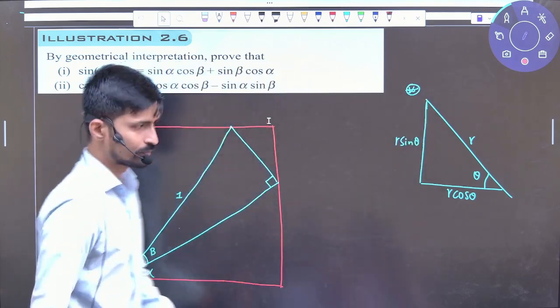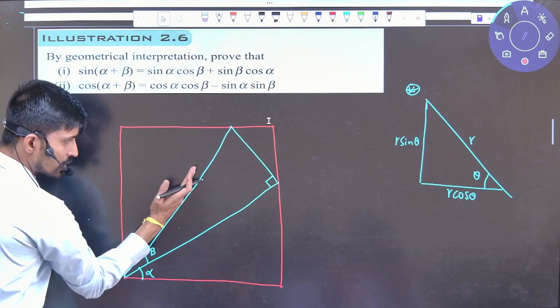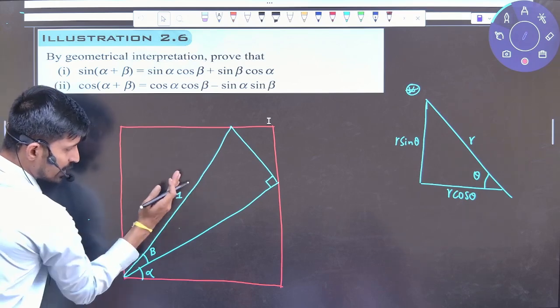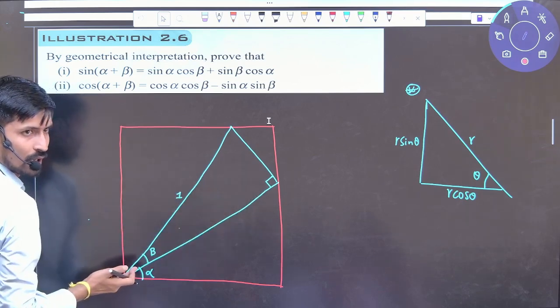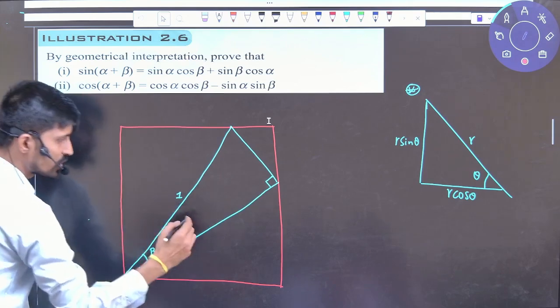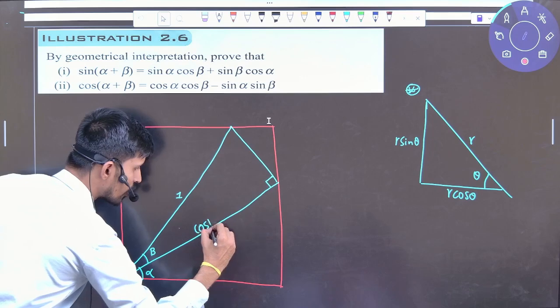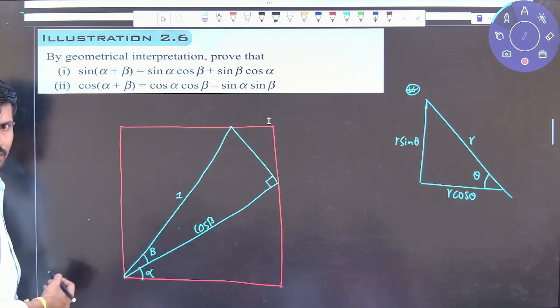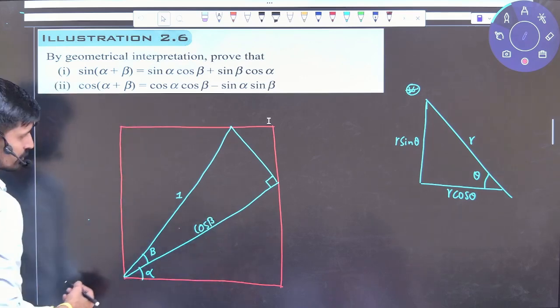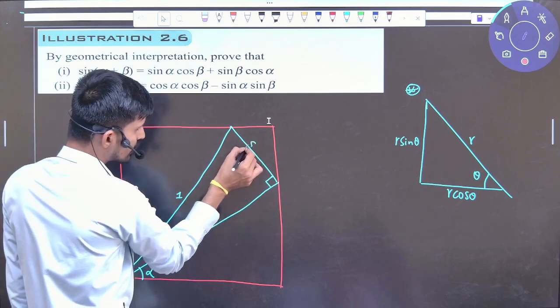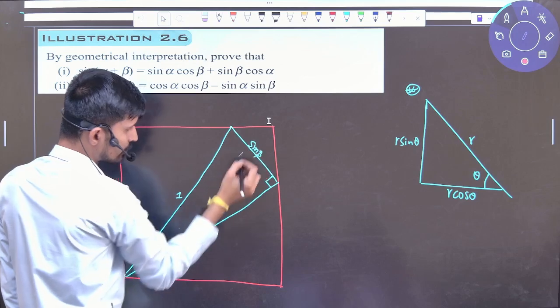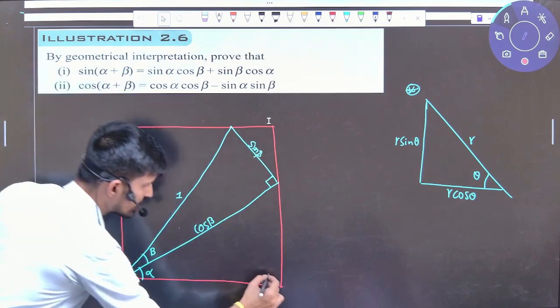This will help you. So this is 1, and we are coming towards the beta angle. So this length will be 1 into cos beta, which is cos beta. And this length will be sin beta. Now again, this is a right angle triangle.